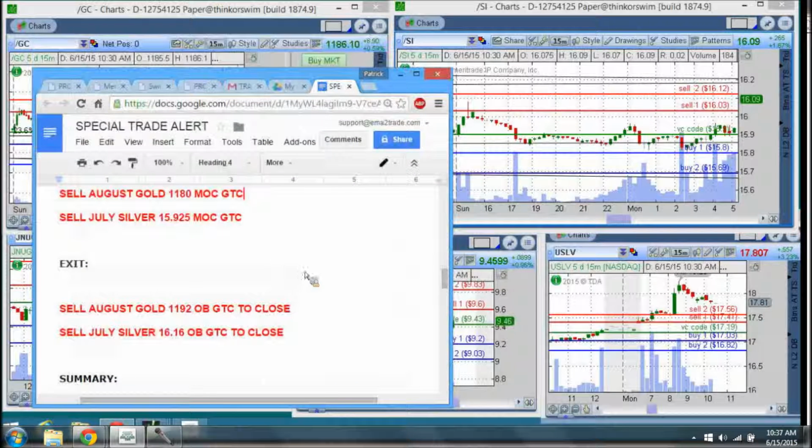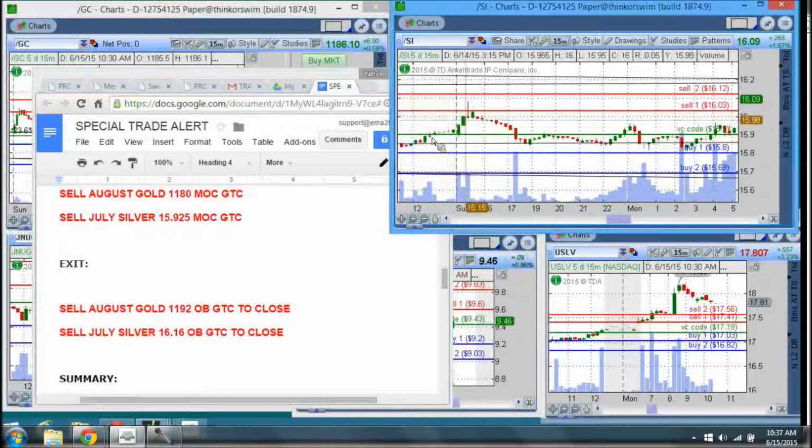Now, if you were trading yesterday at the opening of Globex, we saw the market run up. This was the close on Friday, and we went long, and it ran up to about 1603 with a high of about 1607.